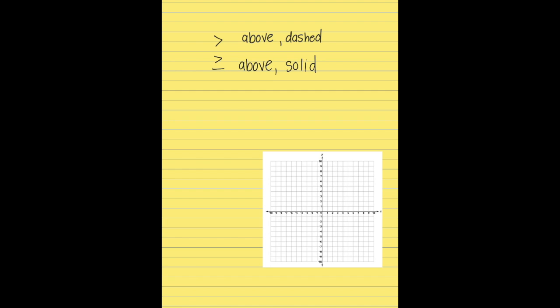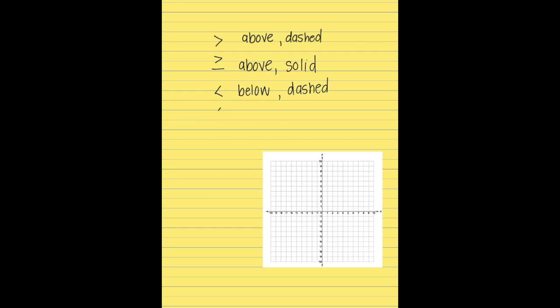Okay? So what about less than? All right, so let's make those connections. If I have less than, what type of shading am I going to do? What direction? Below. So we're going to shade below the line. So if I'm shading below the line, but there's no equal to, then this one's going to be dashed.